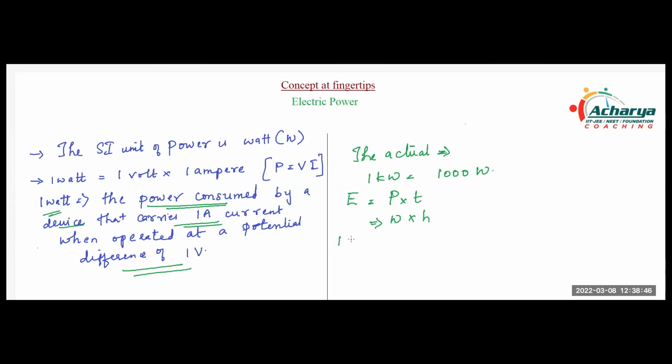So how will we define 1 watt hour? 1 watt hour is defined as energy consumed when 1 watt of power is used for 1 hour. That means if a device uses 1 watt of power for 1 hour, we'll get the unit 1 watt hour.